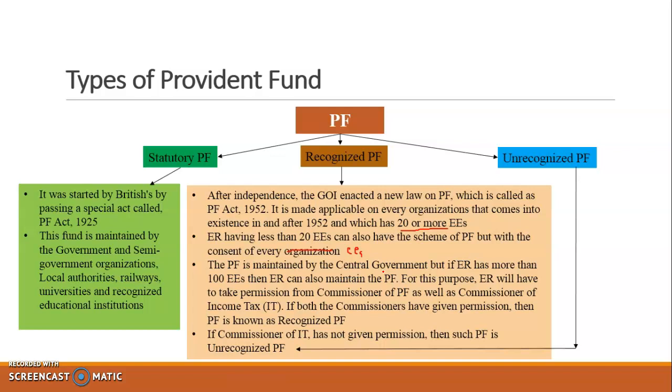So every maintenance part is now with the employer and not with the central government. And if both the commissioners, that is the Commissioner of Provident Fund as well as the Commissioner of Income Tax, have given the permission, then it will become a recognized provident fund.